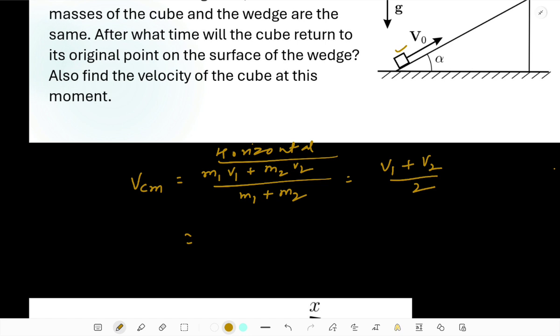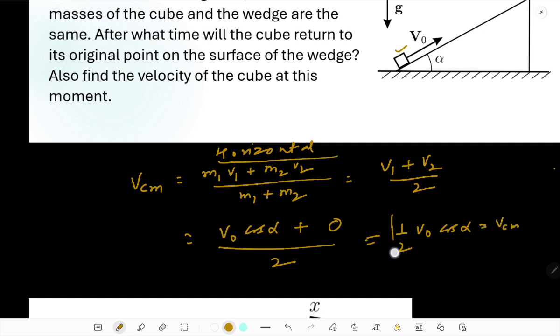At the initial moment, the velocity of the cube in the horizontal direction is v0 cos alpha, and the wedge was at rest. That means VCM is half of v0 cos alpha, and it is going to remain the same for the whole journey.